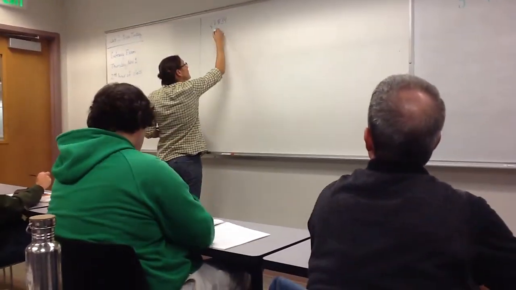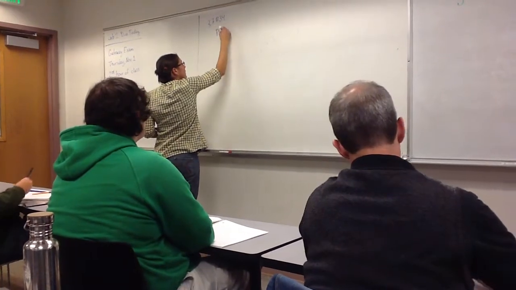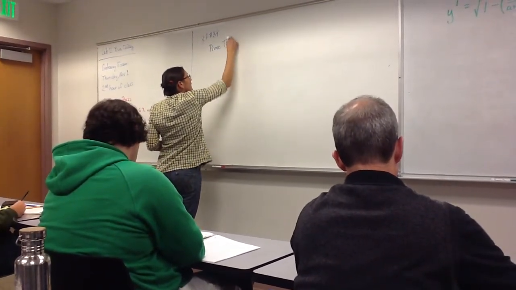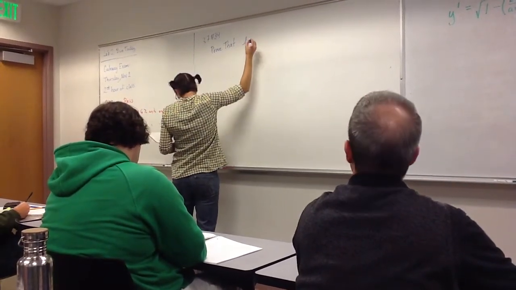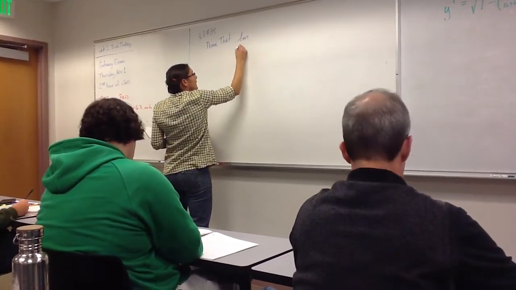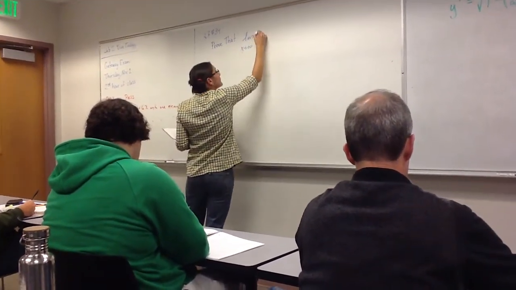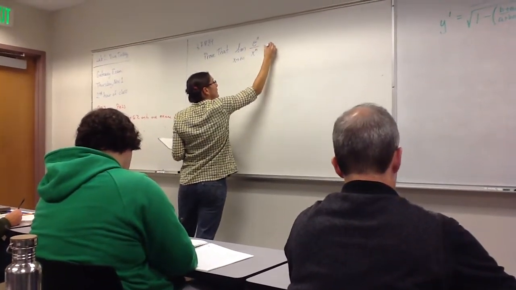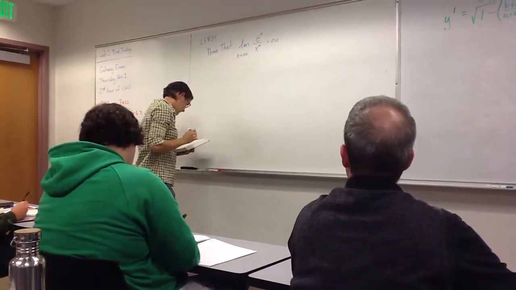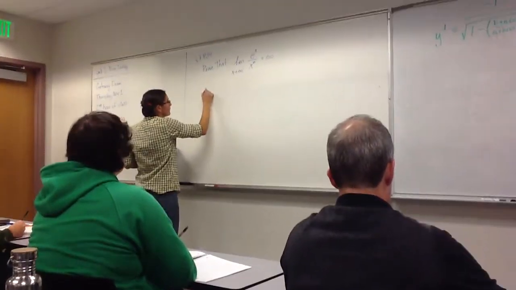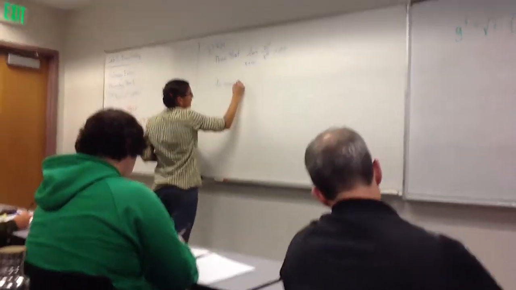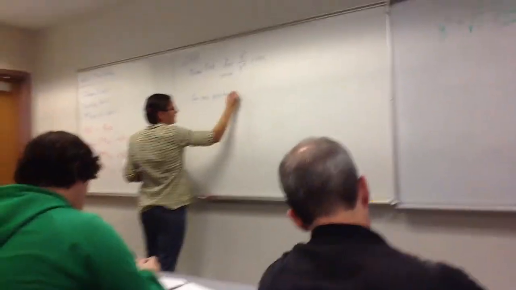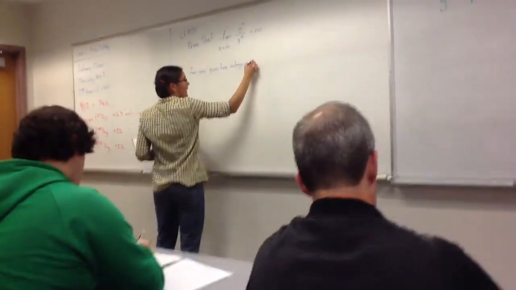We've got a statement that says prove that the limit as x goes to infinity of e to the x over x to the n is equal to infinity for any positive integer n.